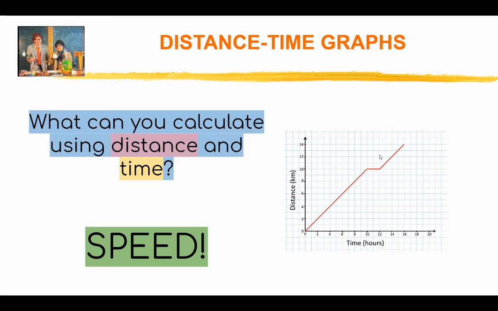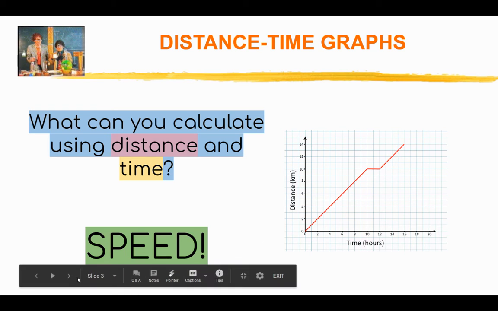Right? So distance over time, or distance divided by time, equals speed. And we took notes on that. But it's kind of like, remember we said division as a fraction? Distance divided by time is a fraction, right? And then if you divide it out, you will get speed. Does everybody understand so far?